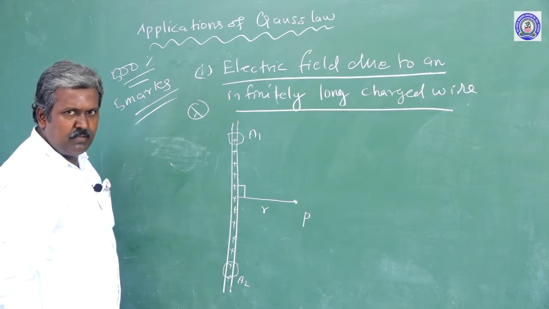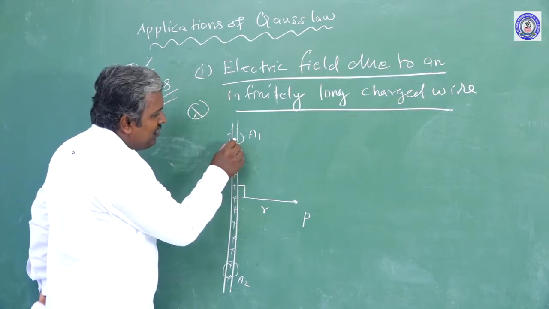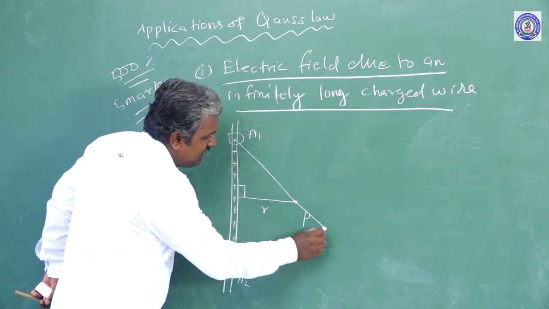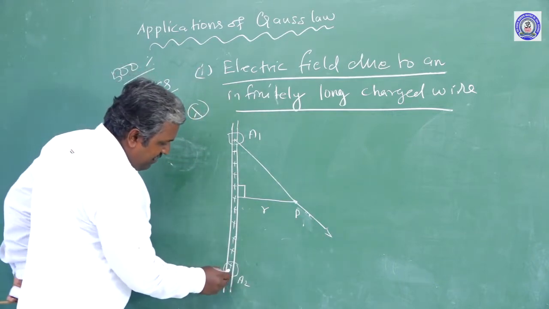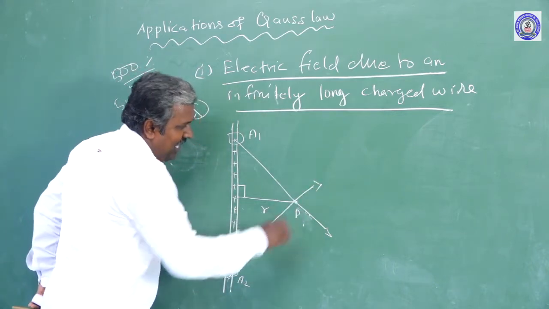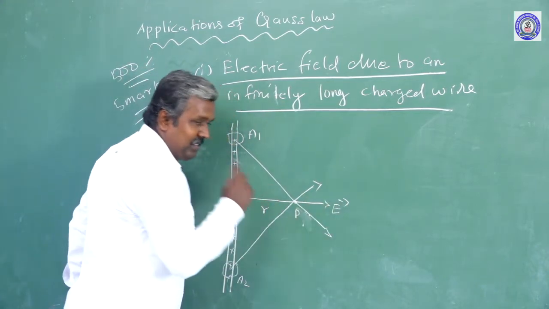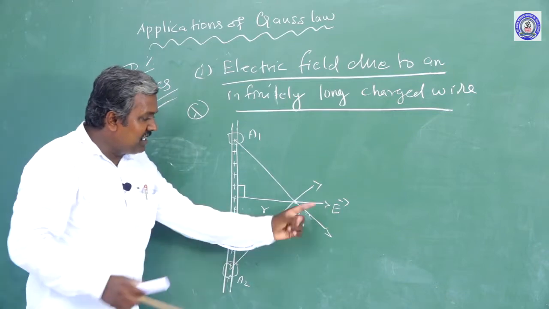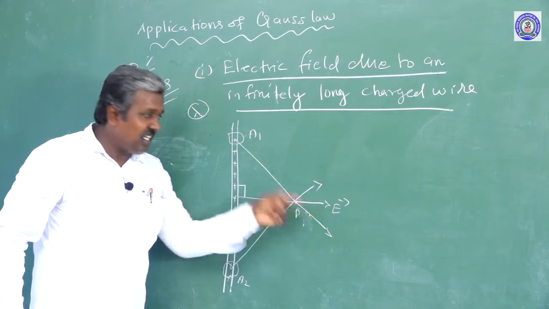So this is positive charge, no? So the electric field acts like this. I am correct or not? From here, like this. So the resultant electric field acts like this. Because of this, the resultant of the two fields is radially outwards, because this is a positive charge.